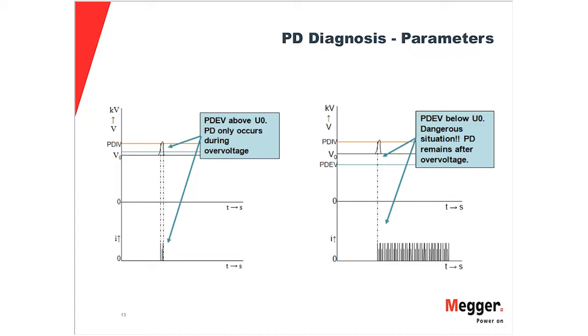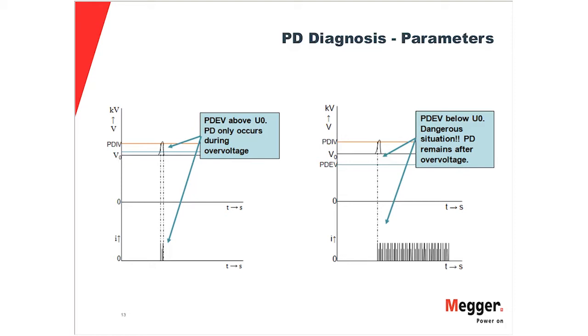So if we go now to see here, you may have some switching in your network, and that switching would generate some peaks. So eventually one of these peaks is big enough to trigger a partial discharge within your circuit. So what you want to see is as soon as the peak is gone, the PD is gone.